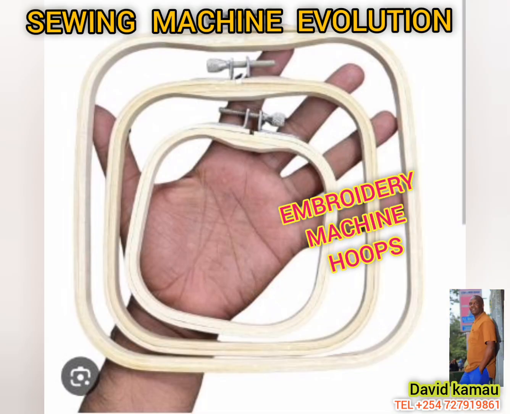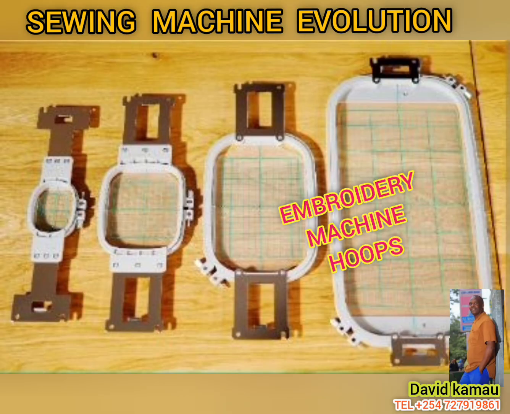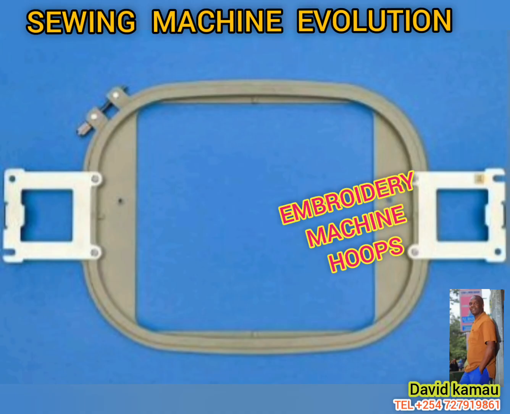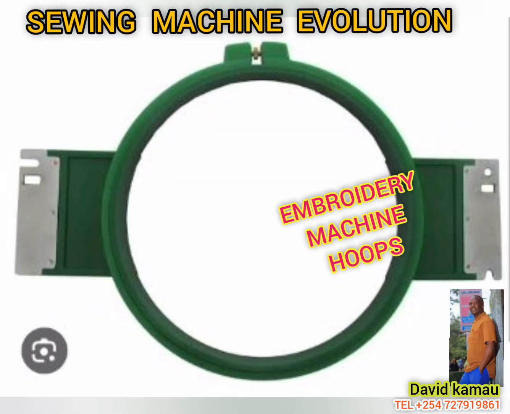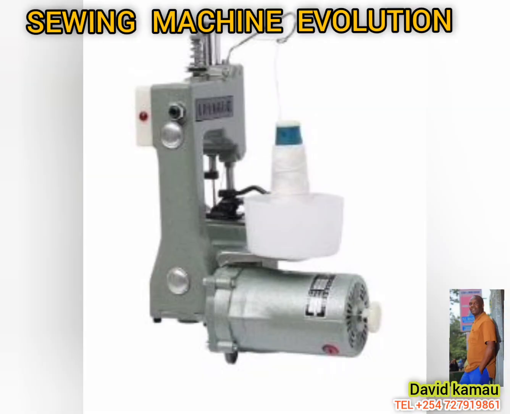Some are hand and arm sized rings. It depends on the size of the garment and the size of the work being done on the garment. H-O-O-P, hoop in singular.